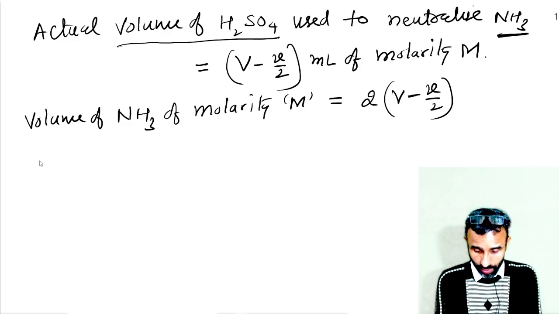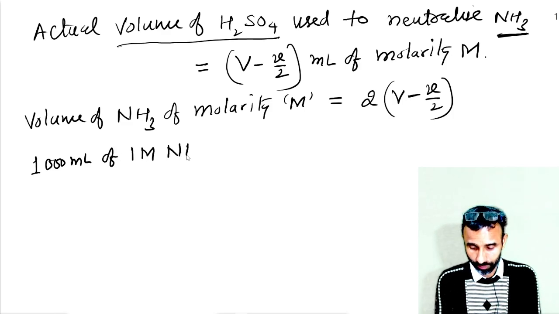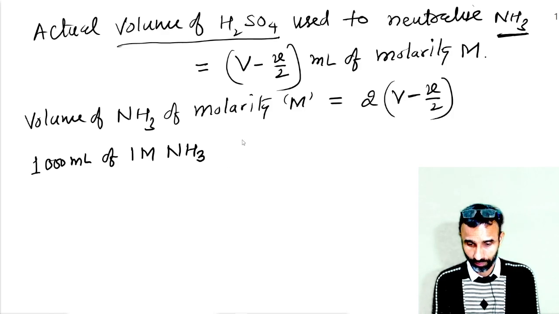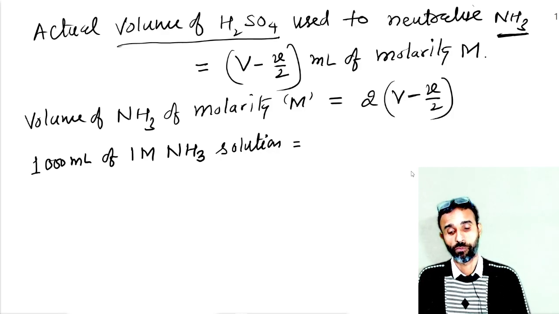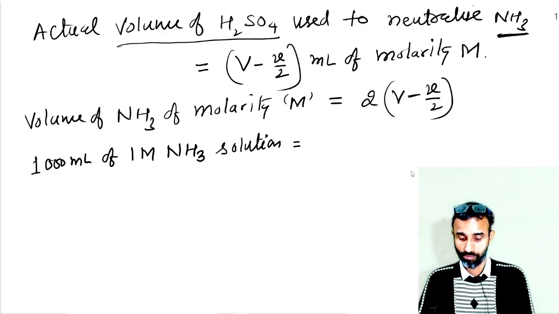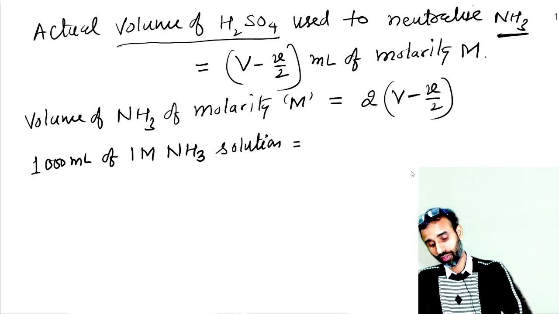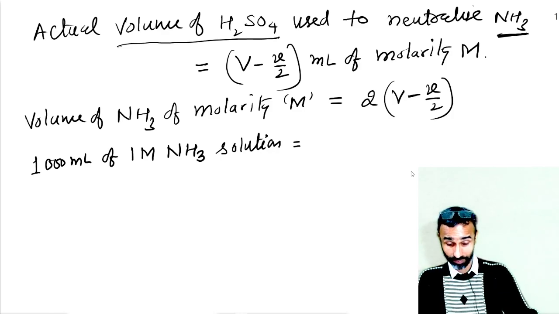Now, if we have 1000 ml of 1 molar ammonia solution, then what is the mass of ammonia? 17 gram, right? And what is the mass of nitrogen? 14.